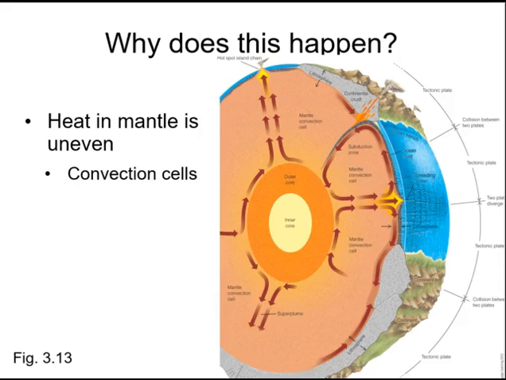Now, because new crust was created and it pushed old crust away, our planet's not going to grow in size. Instead, what's going to happen is that old crust is eventually going to sink back down into the Earth and melt and essentially be destroyed.